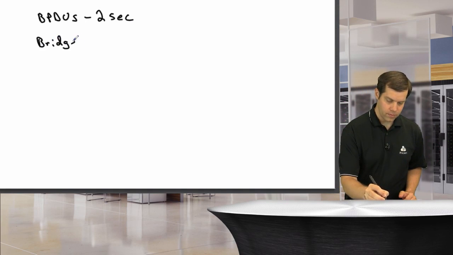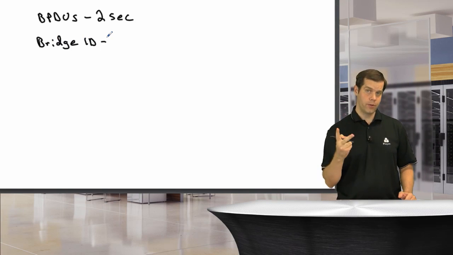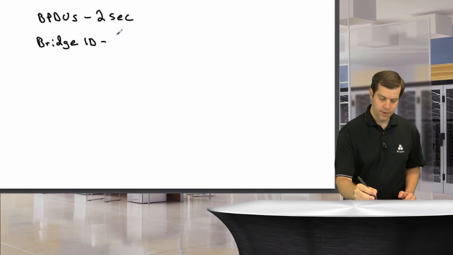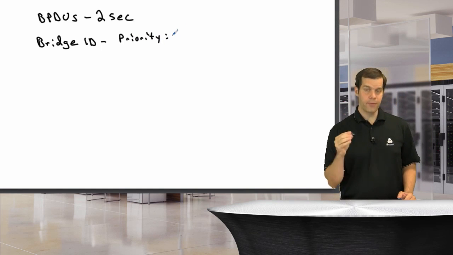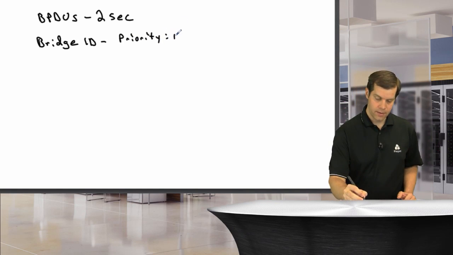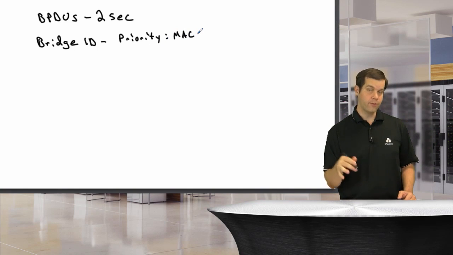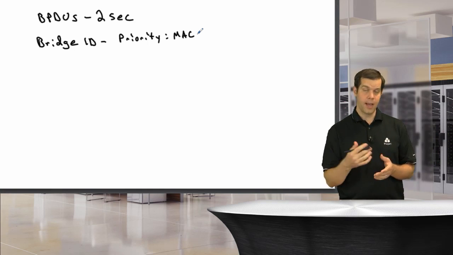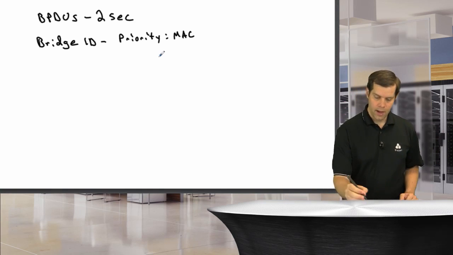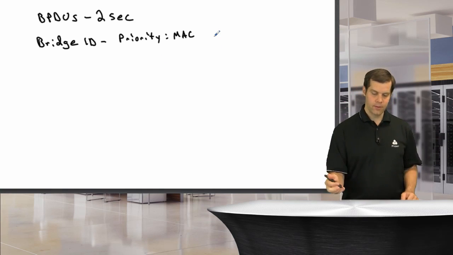Each switch has a bridge ID, and this bridge ID is composed of 2 parts. The first part is a priority value. After the priority is the MAC address, the burned-in MAC address of that switch. Every switch has a unique MAC address, so this will be different on every switch. It just concatenates those 2 things.